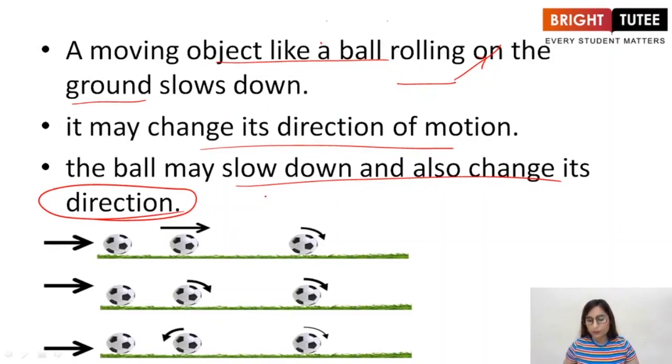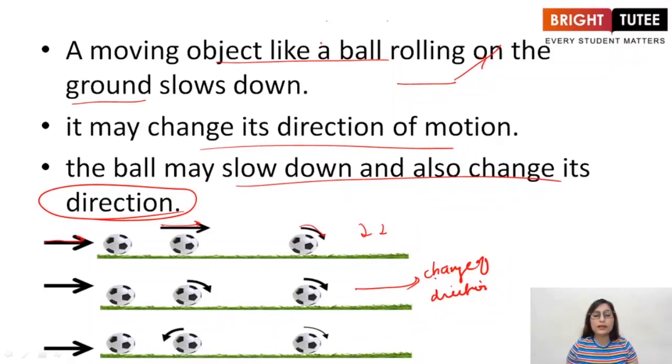You kick the ball, it moves forward and starts rolling, or it may change its direction. These are some possibilities that may happen.